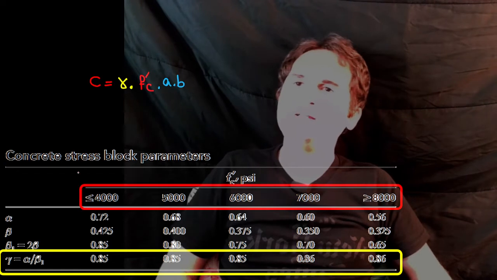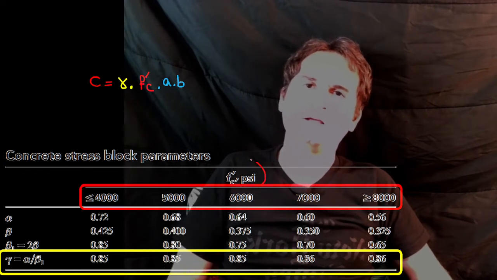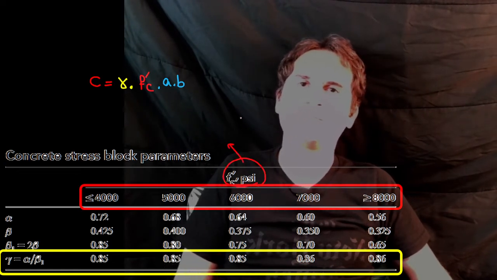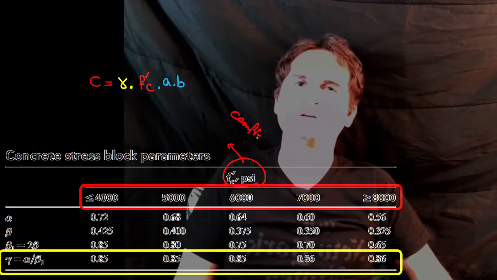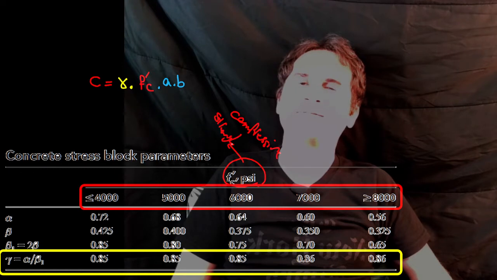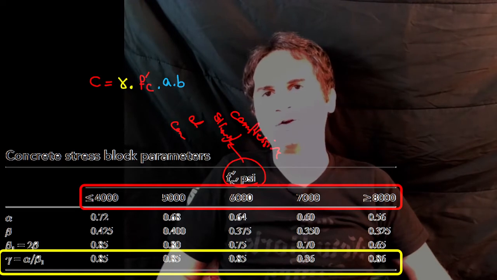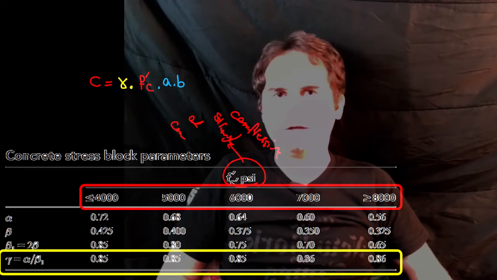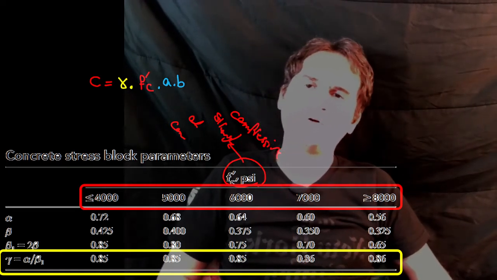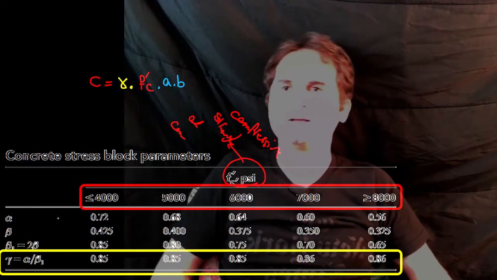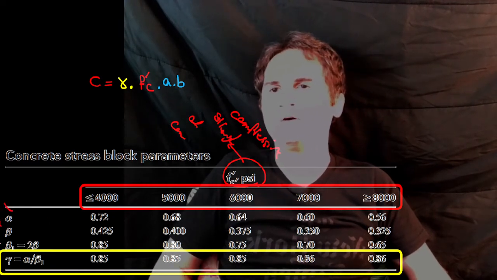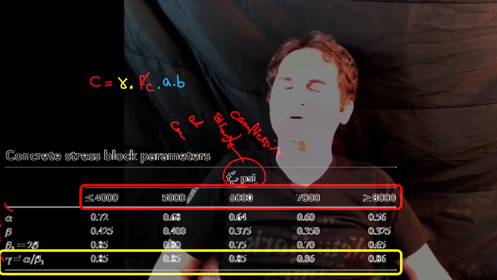If we look at this table, it gives us a range for the compressive strength of concrete. So you can easily see that for concrete with F prime C less than 4,000 pounds per square inch, we have alpha, beta 1, and gamma.